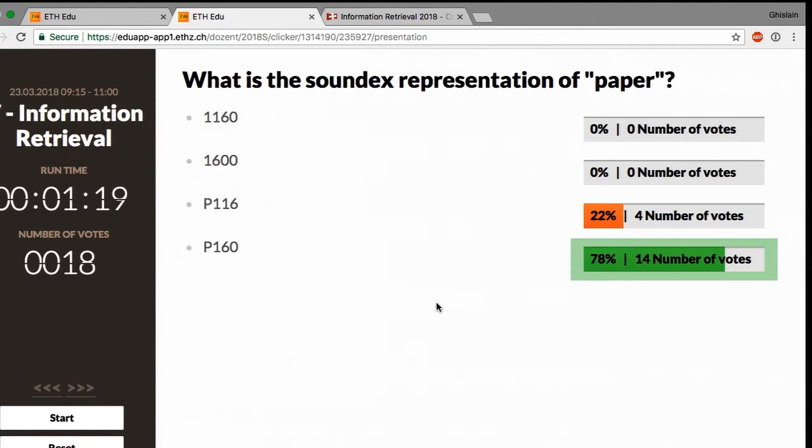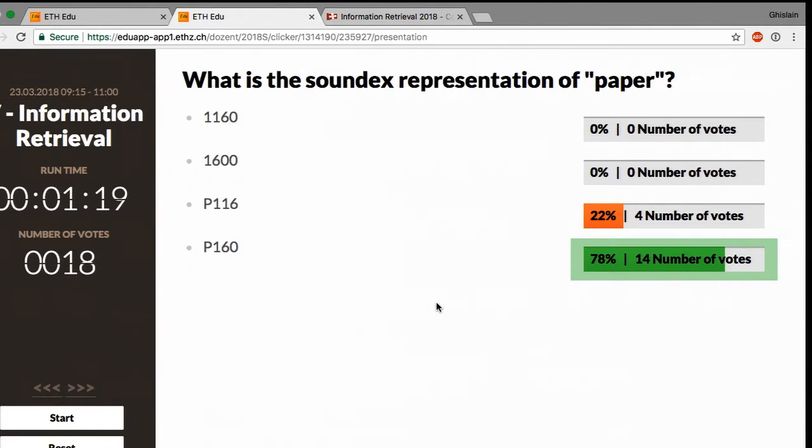It's very easy. You replace, so the P, you keep it. You don't replace the first letter. Then A is 0, it's a vowel. Then P is a 1. Then we have E, it's a vowel, it's 0 again, and R was 6. Then there's no repetition here, but we can remove the zeros now. And then the last step is we need to pad it to 4 characters, okay? So this is the correct answer. Very good.